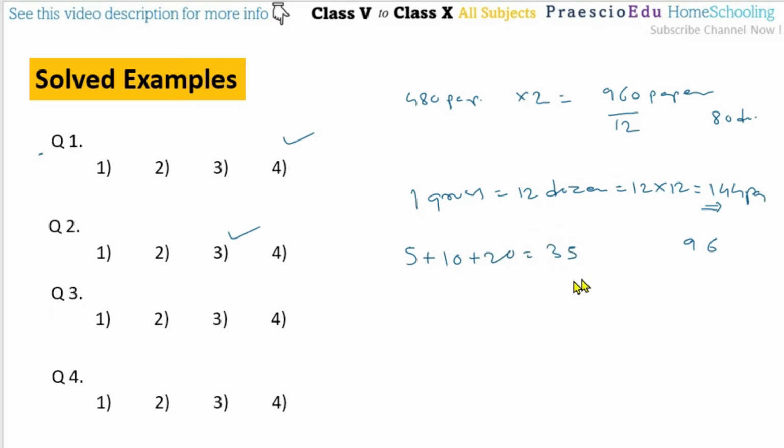So this 35 we have to divide into 2450, and 2450 divided by 35 is 70. That means 70 notes for rupees 5, then 10 rupee notes also 70, then 20 rupee notes also 70 in count, that is the meaning, and 70 is mentioned in option number 2.